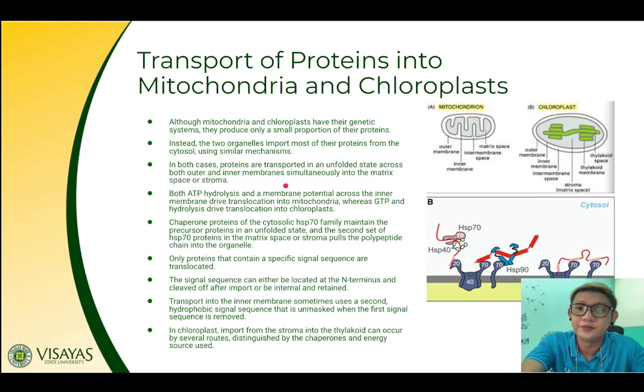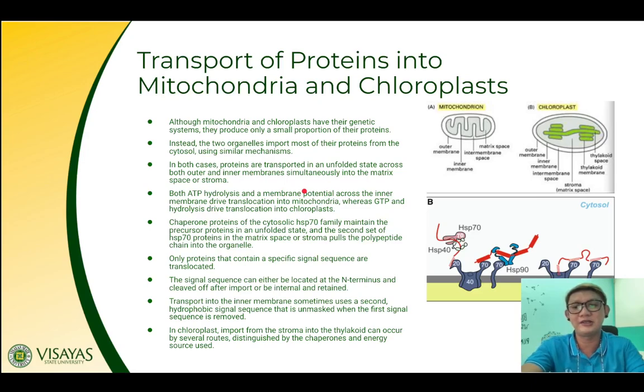However, they only produce a small proportion of the proteins that they need for their physiological processes, because through time during evolution, some of these genes have been lost or transferred into the nuclear genome.